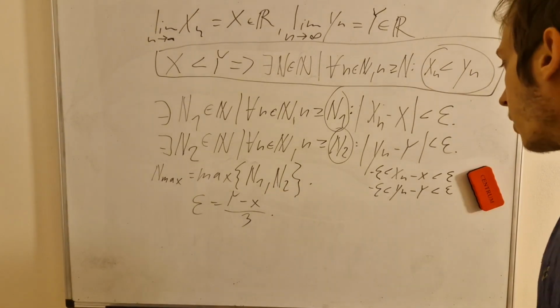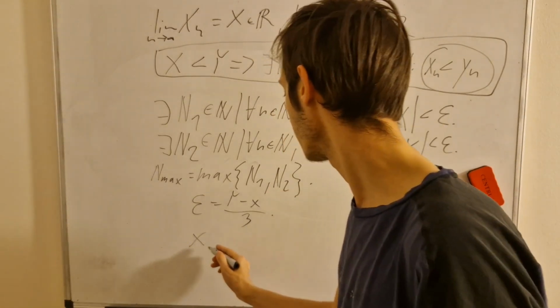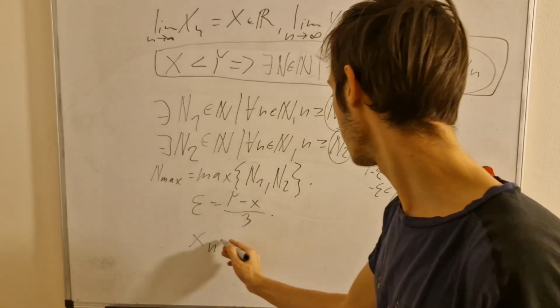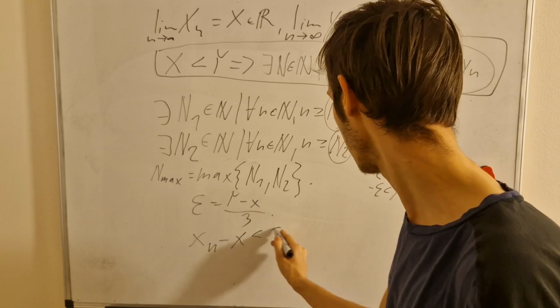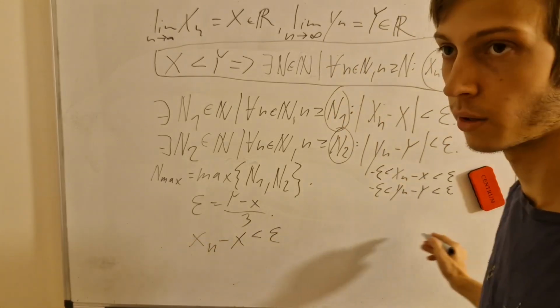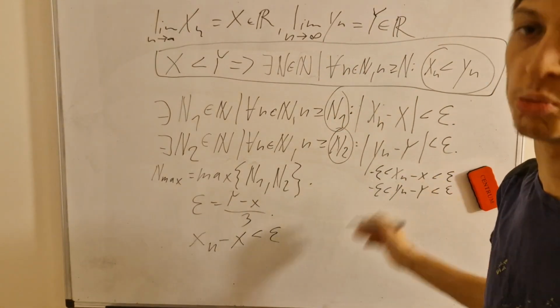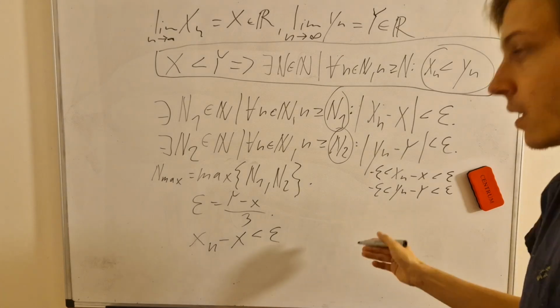And now we can start with a chain inequality to get to the main point of the proof. So x_n minus X should be smaller than epsilon. And now we're going to build towards the right until we get strictly less than y_n. That's the goal.